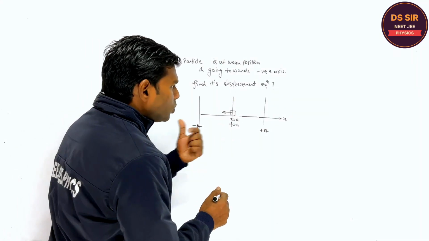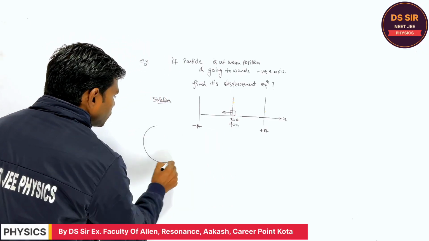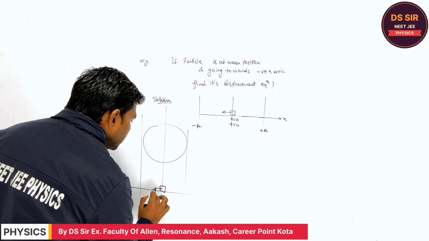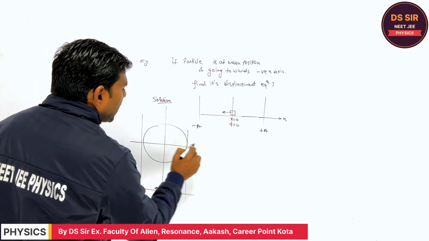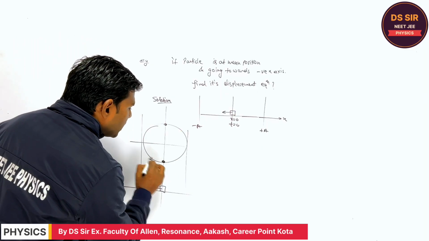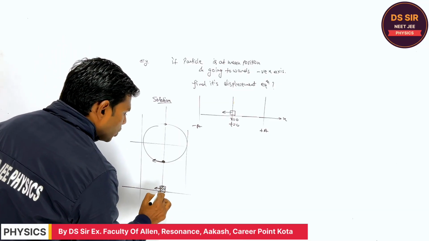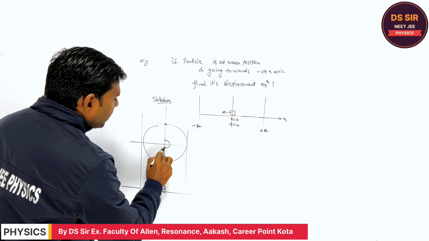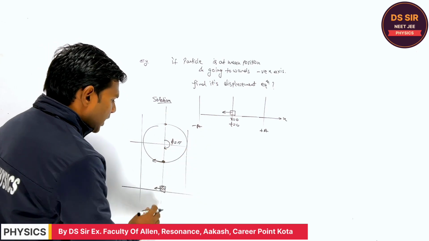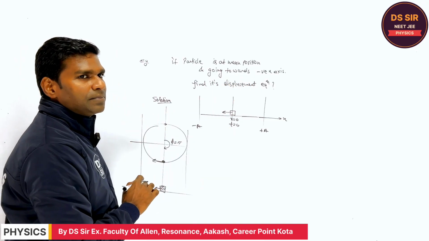Let's see how to solve this question. You can make the corresponding circle. If the particle is moving in this way, the corresponding particle on the circle is at this point, because when it is moving, it is going in this direction. So this phase is already present, which is equal to pi.